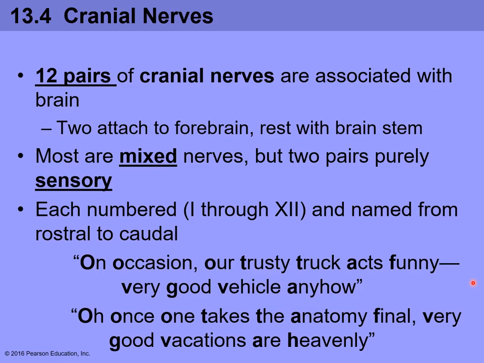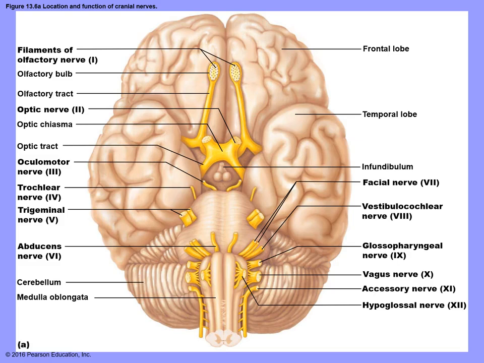We number them 1 through 12, and we use Roman numerals as we give them a name and a number. There are different little phrases you can use to help you remember. Just find what works best for you. You may make one up that works best for you.